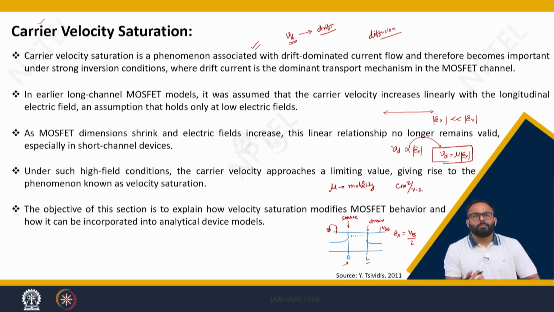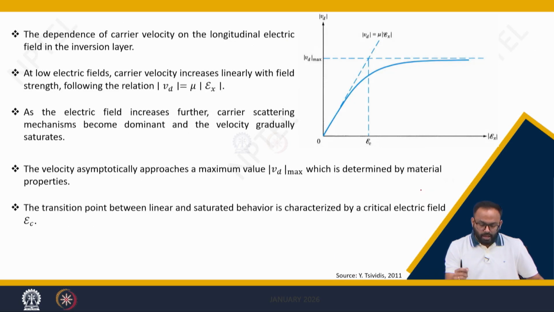We have also discussed the effective mobility. Now what will happen when the channel length is reduced? The electric field Ex will increase. When Ex increases, the velocity of the carrier will no longer be proportional to Ex. Ultimately it will get saturated.